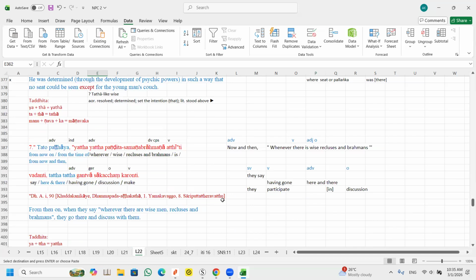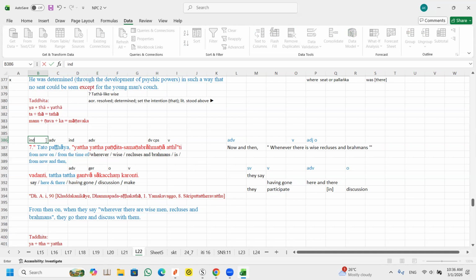So we go to the second one. Then you see now it's not going to be easy because it's almost the ending of NPC 2, so every translation is difficult. Okay. Tato, pataya. This is demonstrative, but this is an adverb because "to" is added. Normally, where "to" is added, usually in your dictionary it is called indeclinable, not ablative.